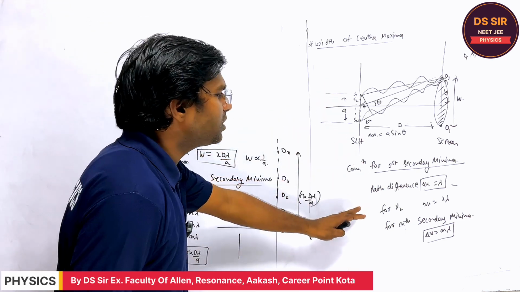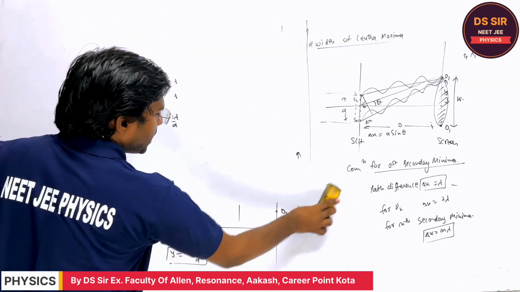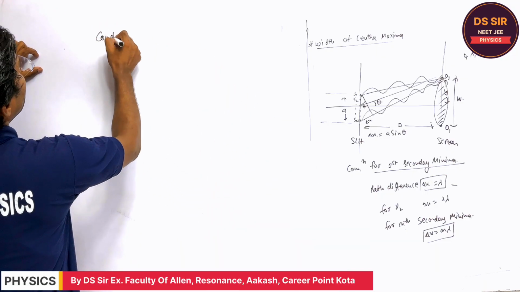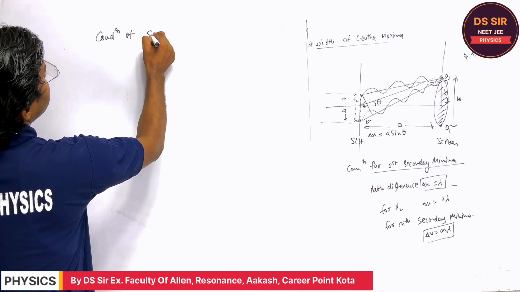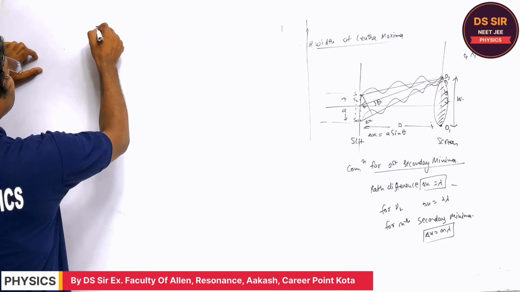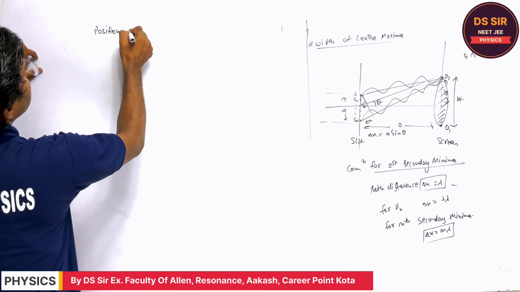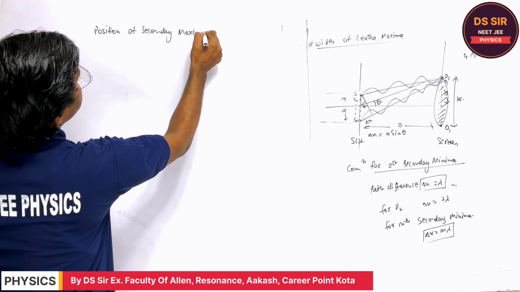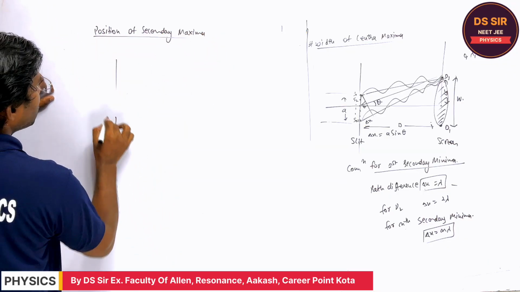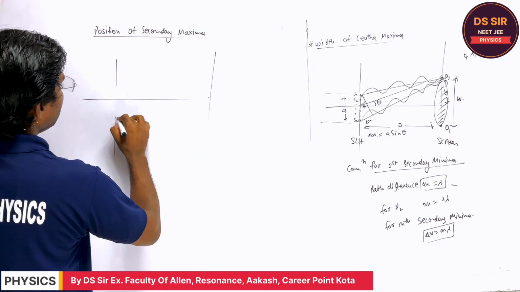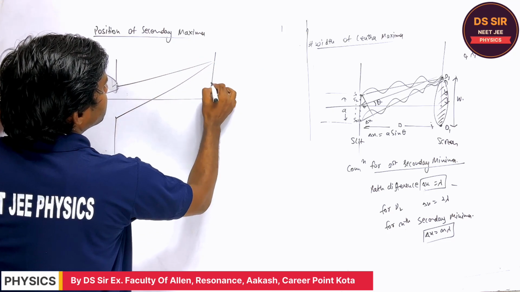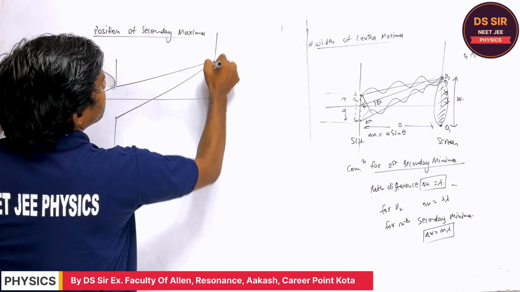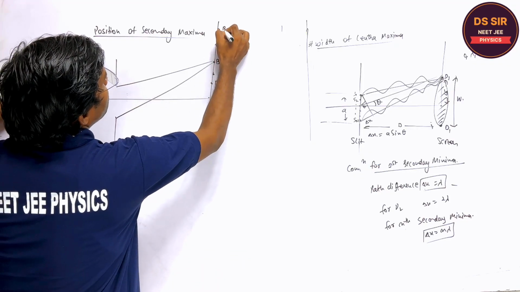Okay, now we will find the condition for the secondary maxima, or you may write the position of secondary maxima. Are you getting? So if you consider this is the central maxima, and this is D1, this is B1, this is D2, this is B2.